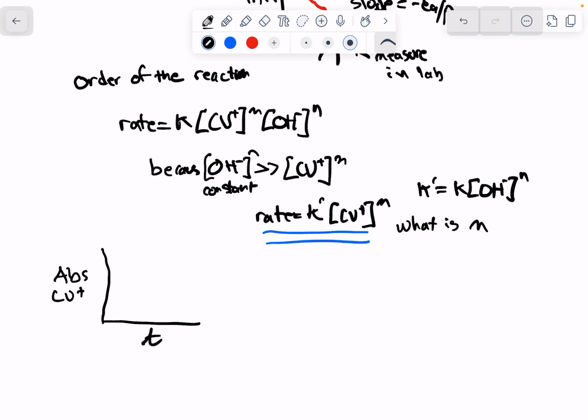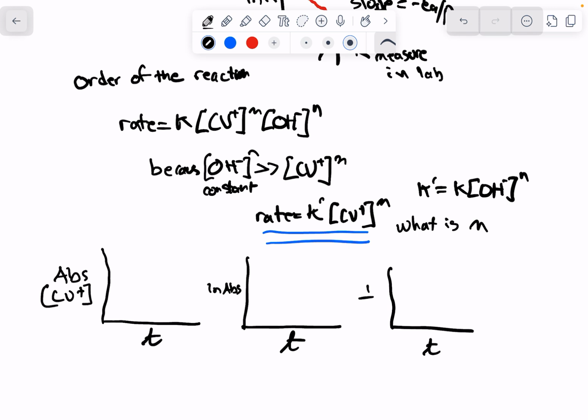We take the absorbance of the crystal violet over time, and then we're going to make 3 graphs: absorbance, the natural log of the absorbance versus time, and 1 over the absorbance. If one of these is linear, that will be the order of the reaction.